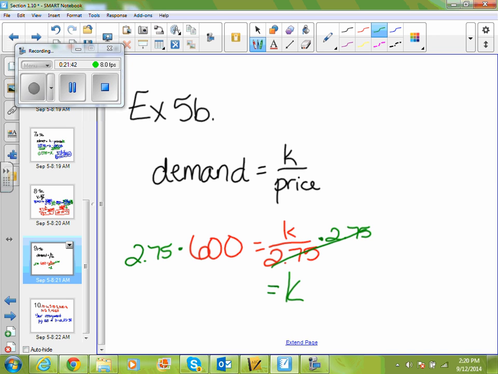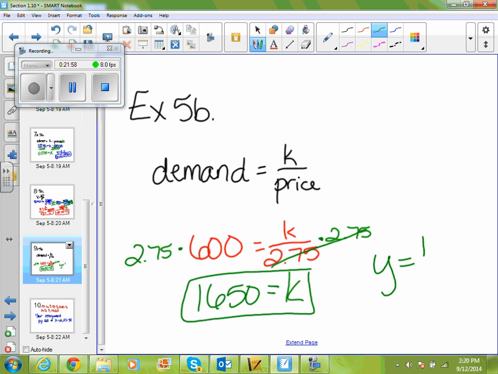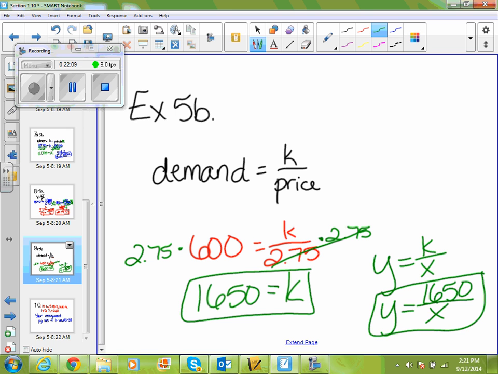What's 2.75 times 600? 1,650. So my k is 1,650, which tells me y equals k over x is actually y equals 1650 over x. This would be my inverse equation for that company and its product.